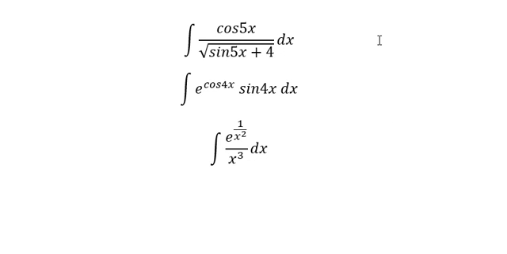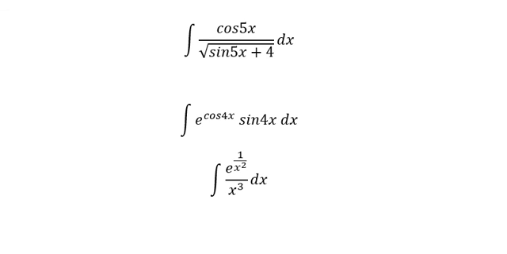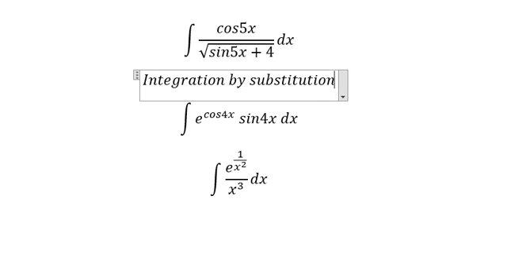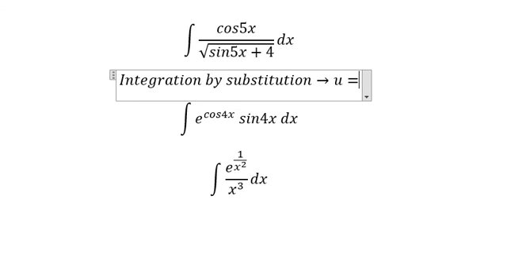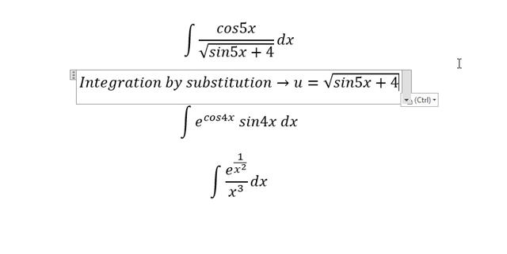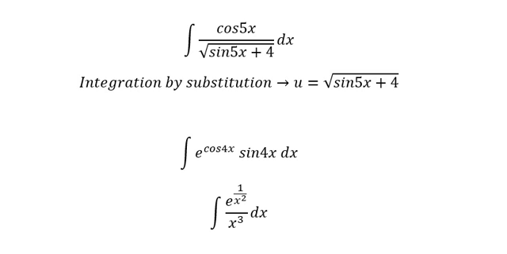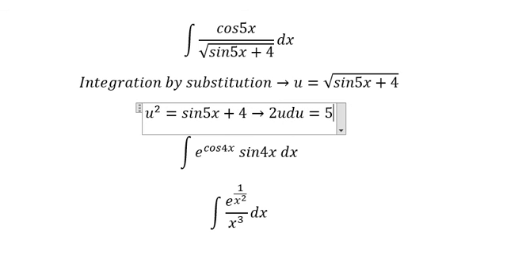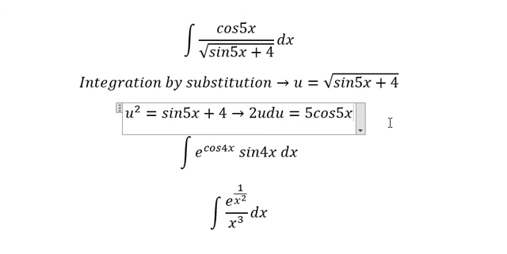Now let's go to the next one. We need to use integration by substitution. So I will put u equals this one. So we put the square on both sides, because we want to cancel the square root. So if I do first the derivative for both sides, you get 2u du equal to 5 cosine 5s ds.